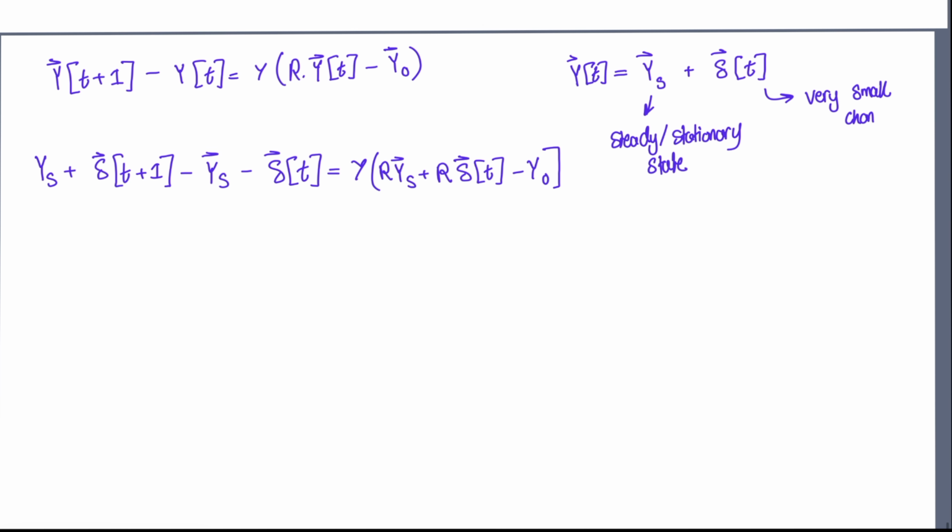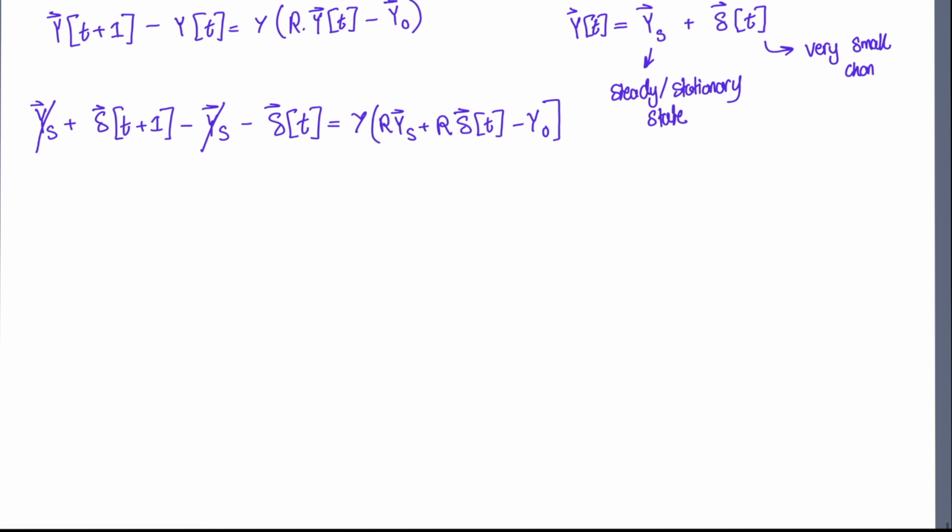We can see that these two get cancelled out. So we are left with delta t plus 1 minus delta t is equal to gamma r ys minus y0 plus r delta t.